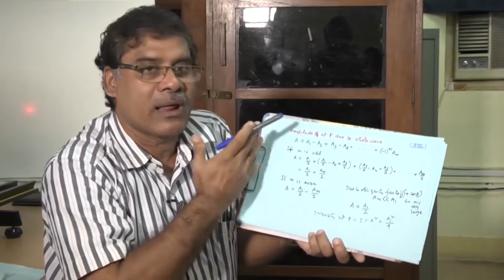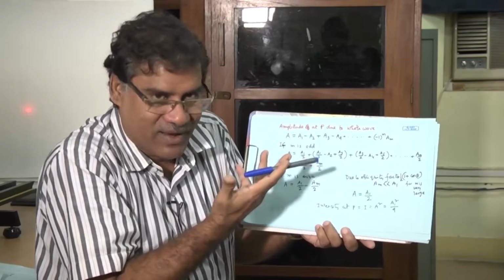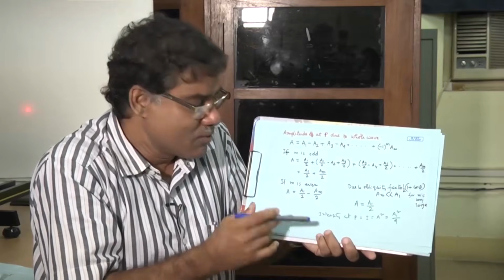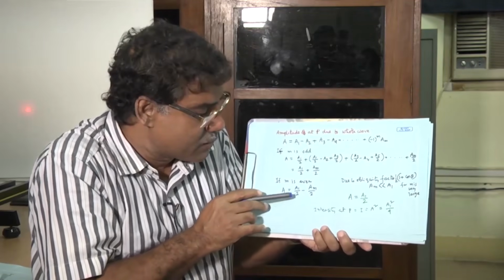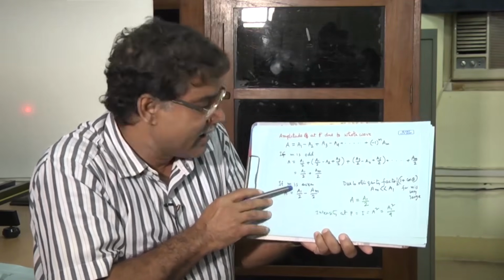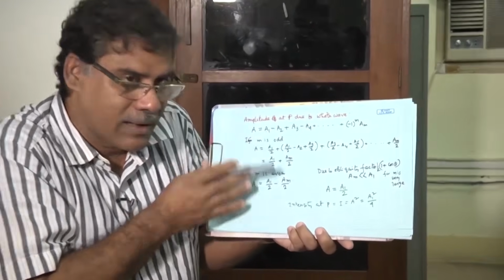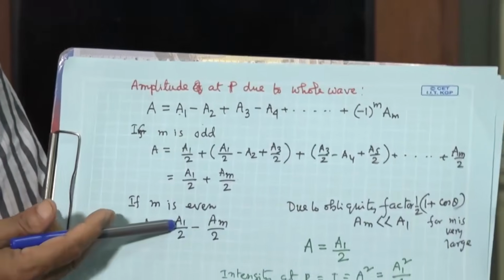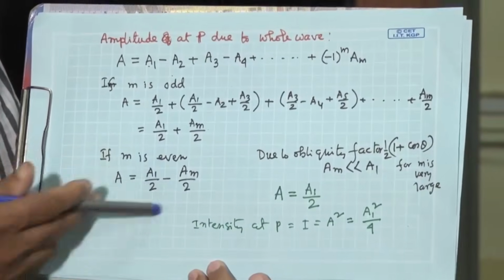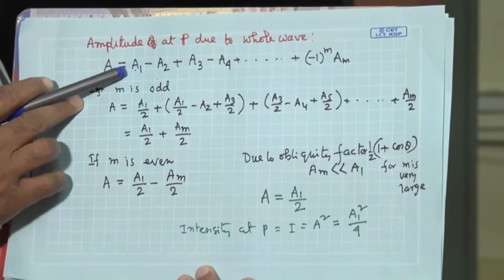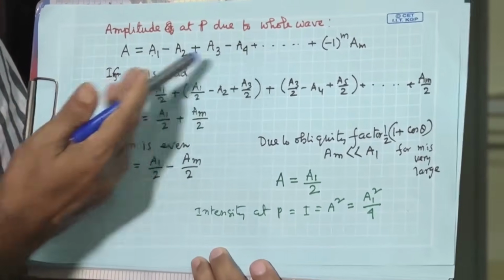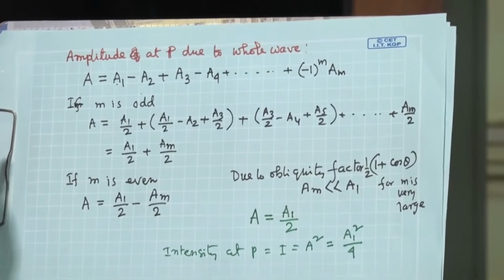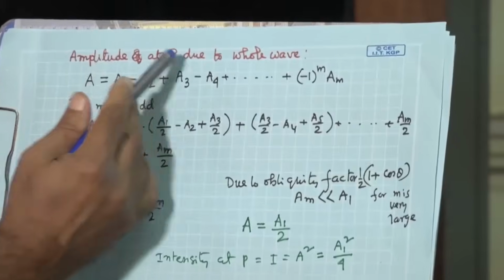So when all zones are open, the circular aperture is transparent, you are getting only A1 by 2. Whereas if alternate zones are blocked, you are getting the summation of the amplitudes of all alternate zones.